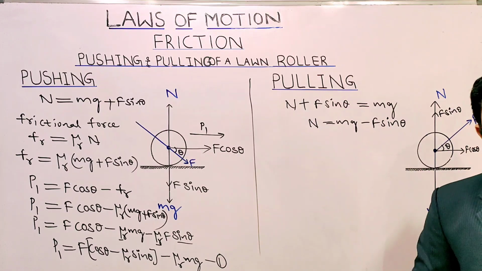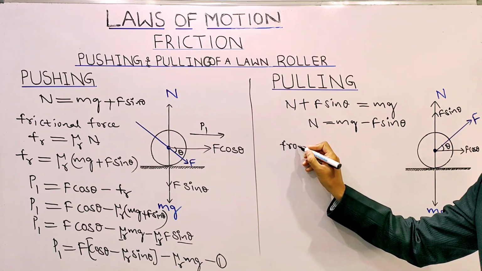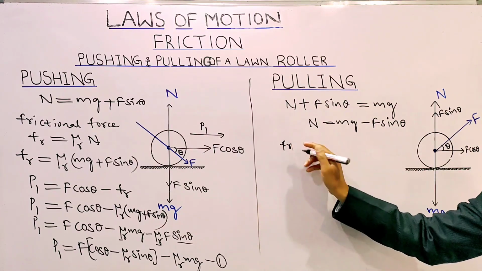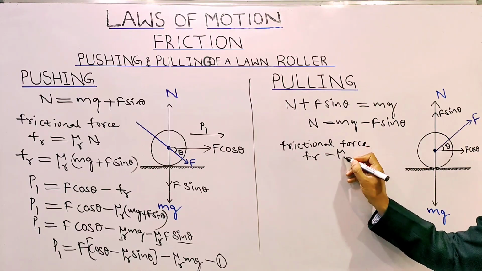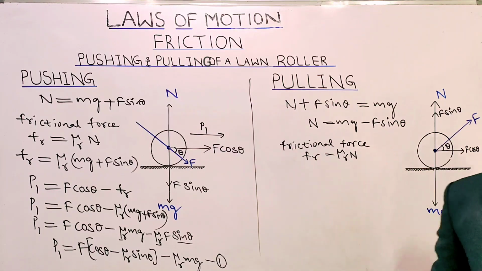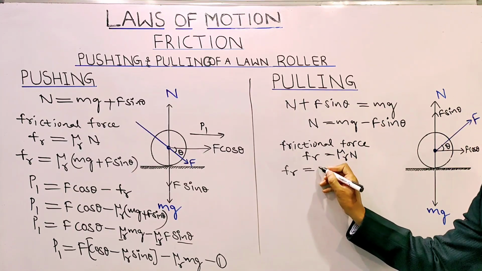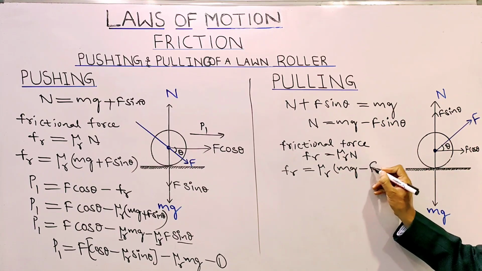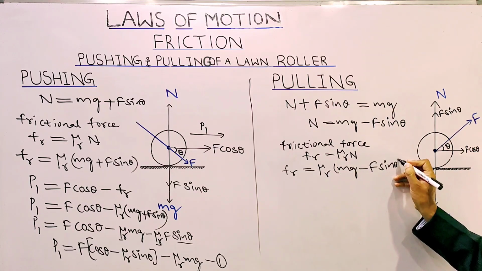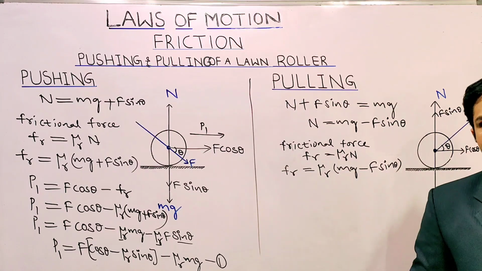From the frictional force formula, Fr equals mu r N. Substituting the normal reaction, Fr equals mu r into (mg minus F sin theta).